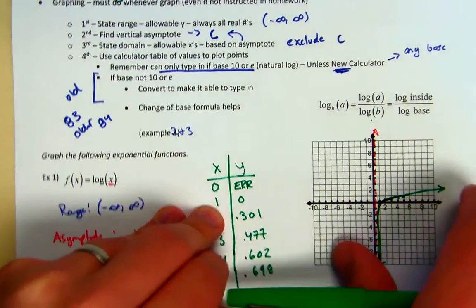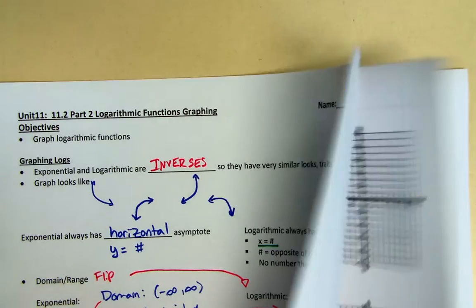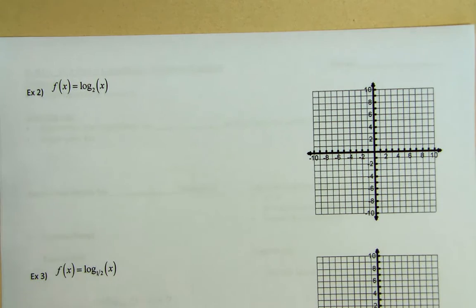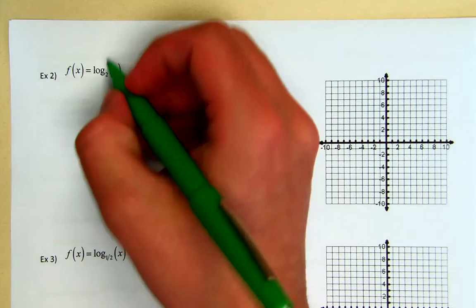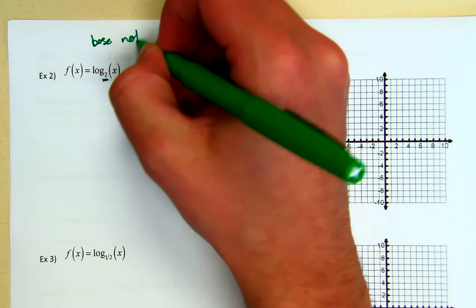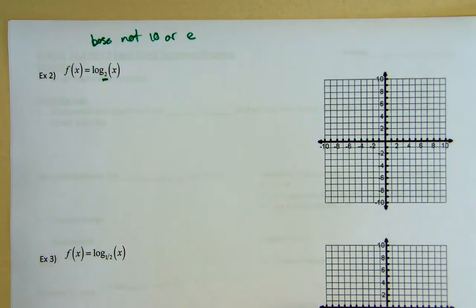Alright, so let's talk about one where we actually have to change the base, or I can show you how the newer calculator can do it as well. So, base is not 10 or e. So you need to change this right away.